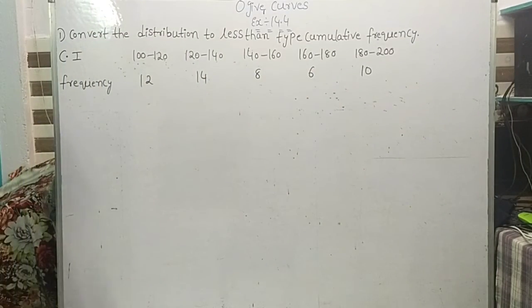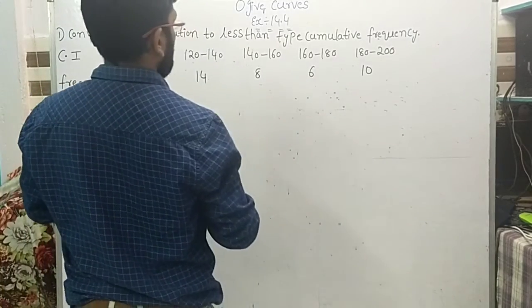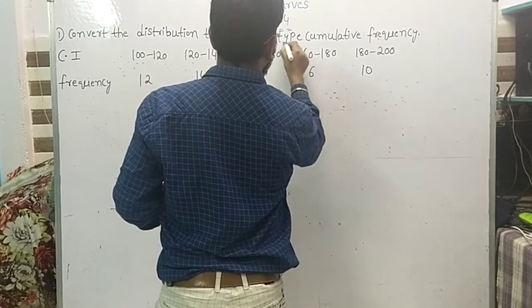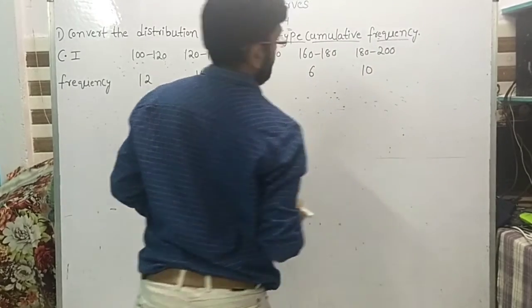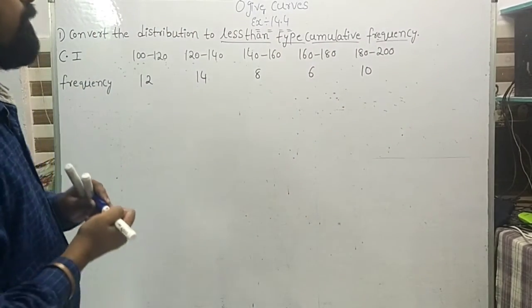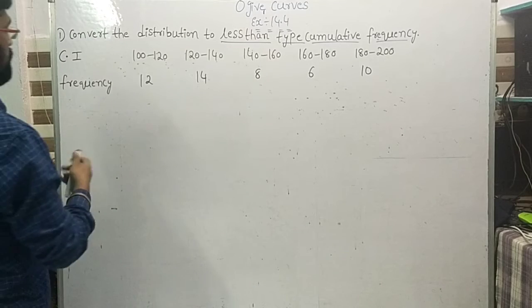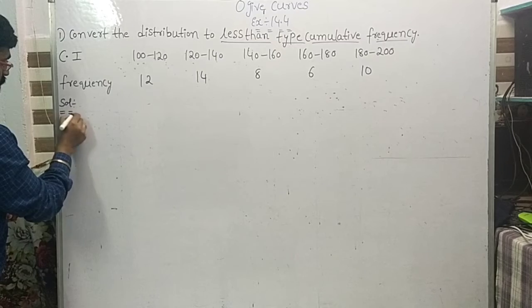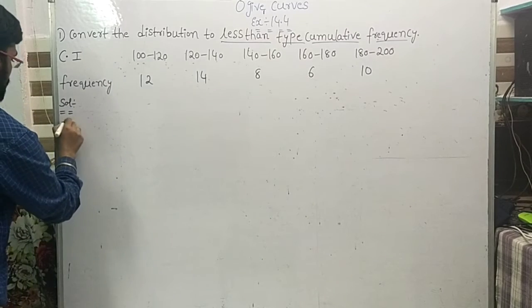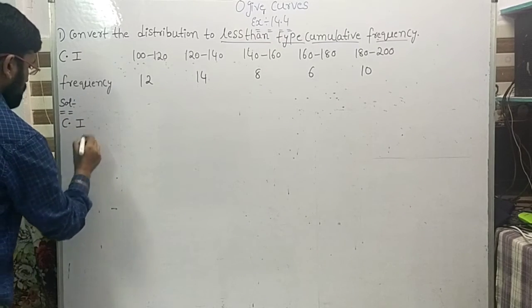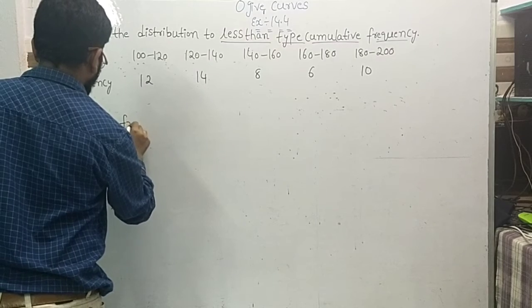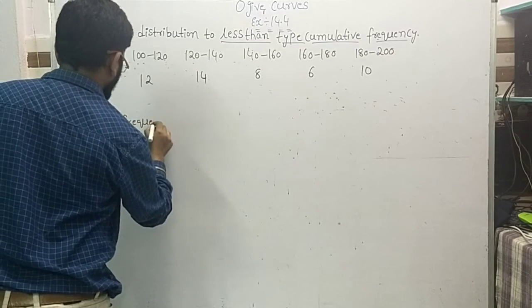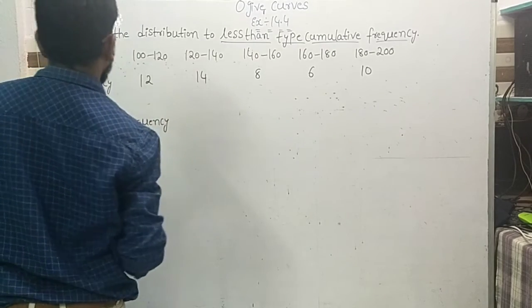Now we need to convert the distribution to less than type cumulative frequency. So for the solution, first the class intervals, next the frequency.